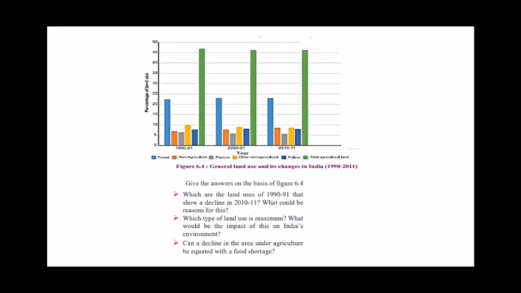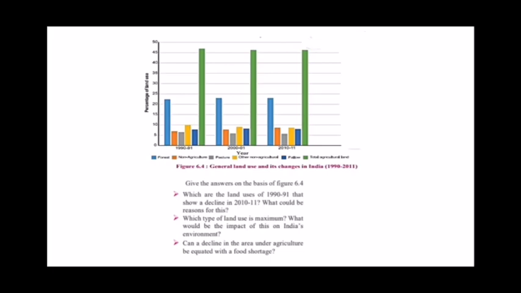Now children, if you look at this graph, the total agricultural land, that is the green color, which is the tallest in all the years, has reduced. The other non-agricultural land use, that is in yellow, has also reduced in 2010 and 11.